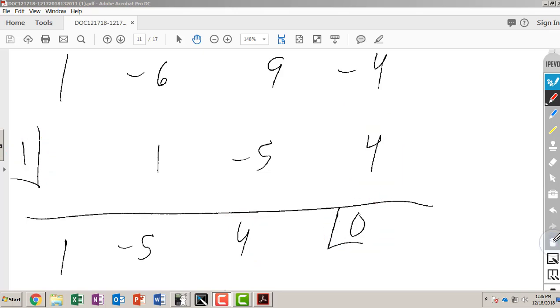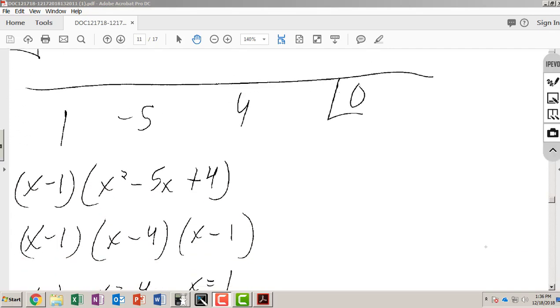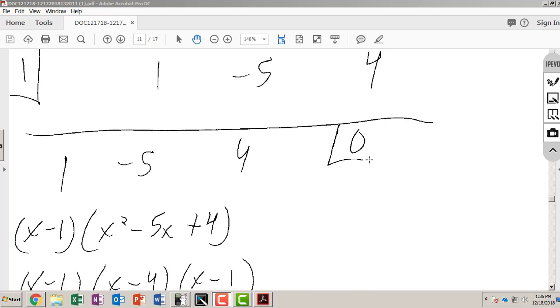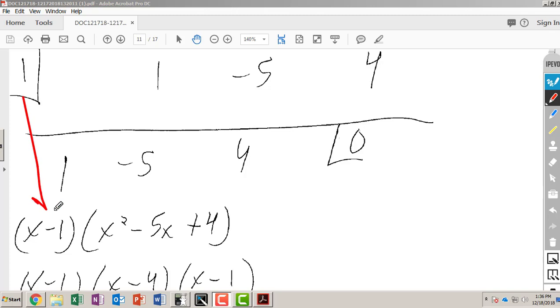That means 1 is a factor of x cubed minus 6x squared plus 9x minus 4. Here's my equation now. The factor that gives you 1 as an answer is x minus 1, and then this is 1x squared minus 5x plus 4. So I'm going to factor this again.